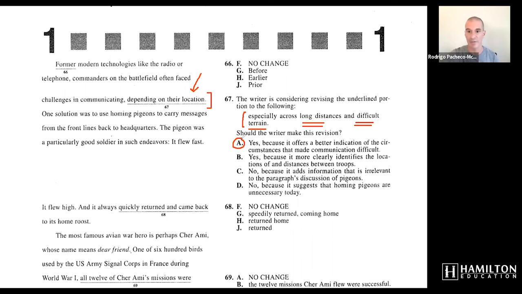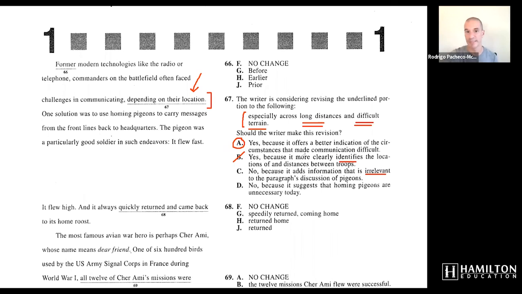Let's take a look at the other answer choices. B says yes, because it more clearly identifies the locations of and distances between the troops. So in order for this to identify the locations, we would be looking for specific places. But all it tells us is that we're talking about long distances and difficult terrain. So we can eliminate B. C says no, because it adds information that is irrelevant.